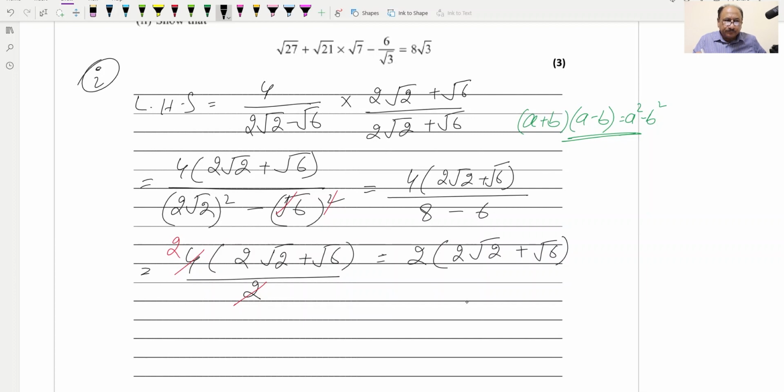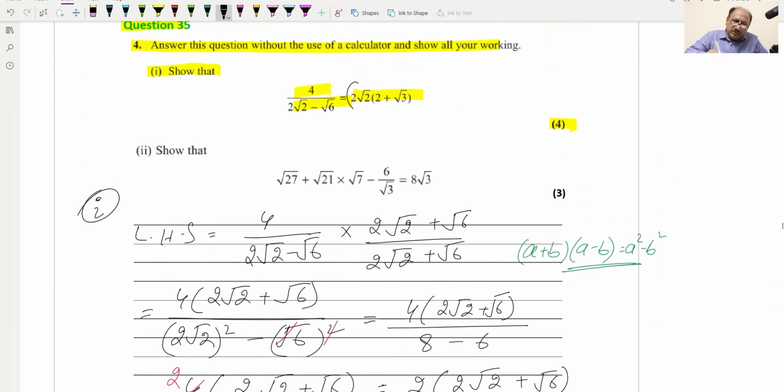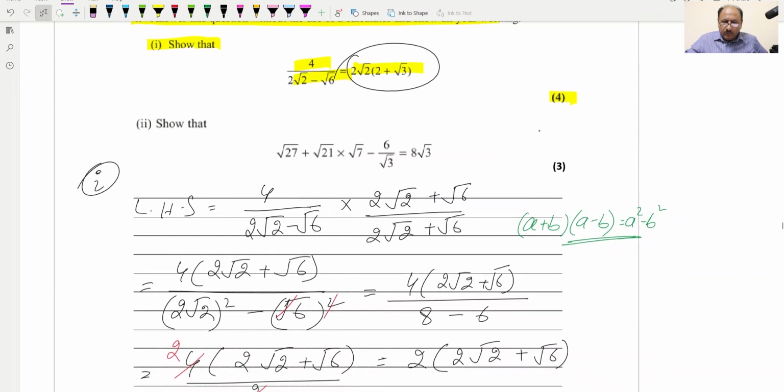Now we can take under root 2 common, and inside will be 2 plus under root 3 only. So this will be our final answer, which is in the shape which is this one, 2 under root 2 into 2 plus under root 3.